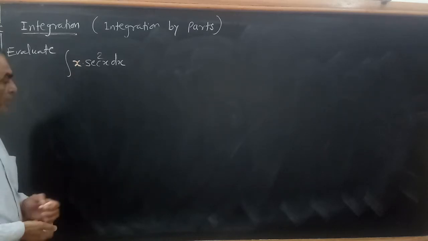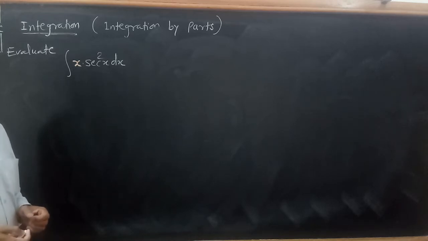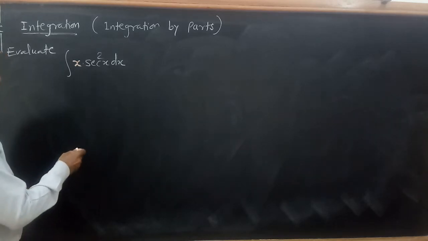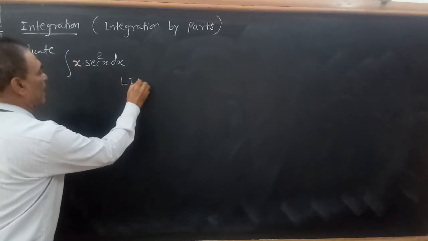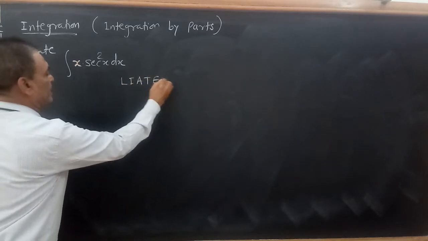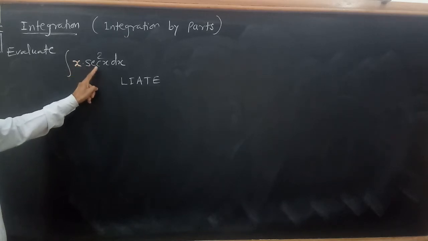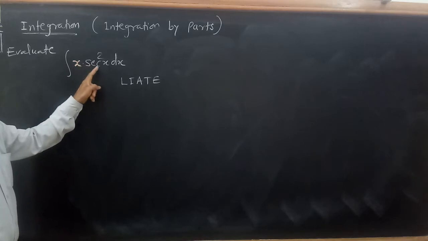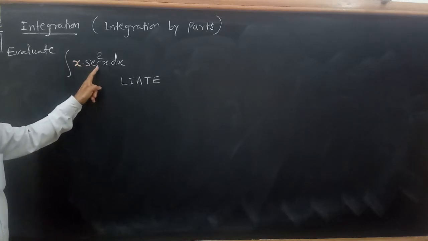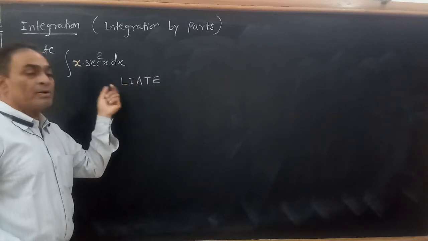You can select first and second function by using the order of letters LIATE. X is an algebraic function. Sec square x is a trigonometric function. What is the order in case of LIATE?